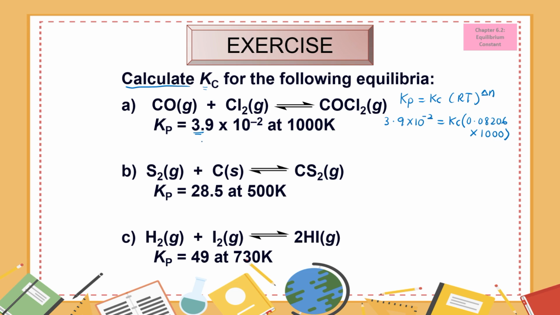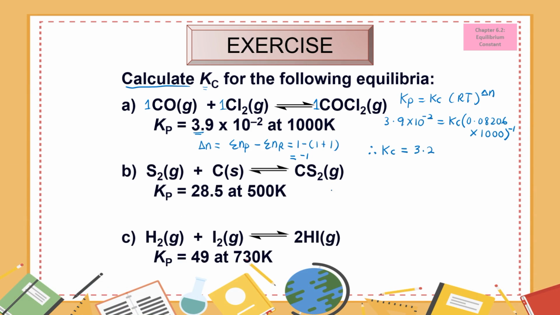Delta n is the sum of moles of product minus the sum of moles of reactant, so it is 1 minus 1 plus 1, which gives negative 1. Therefore the value of Kc is 3.2.